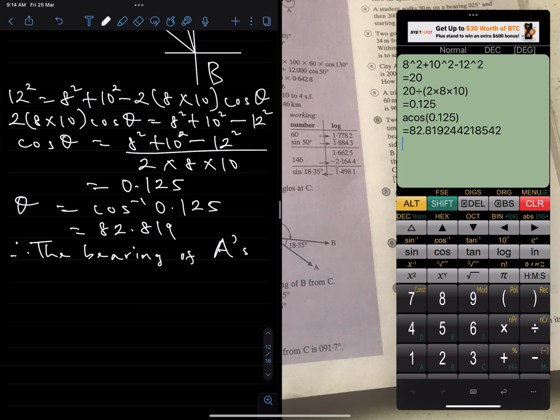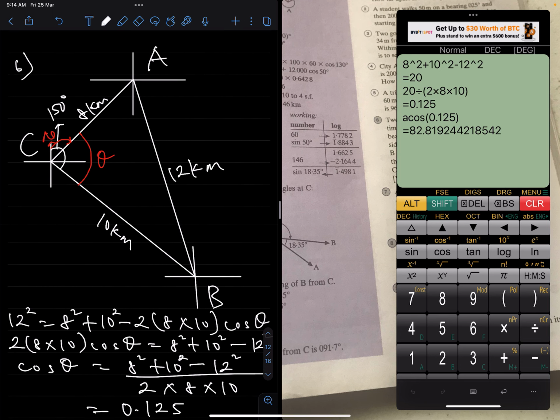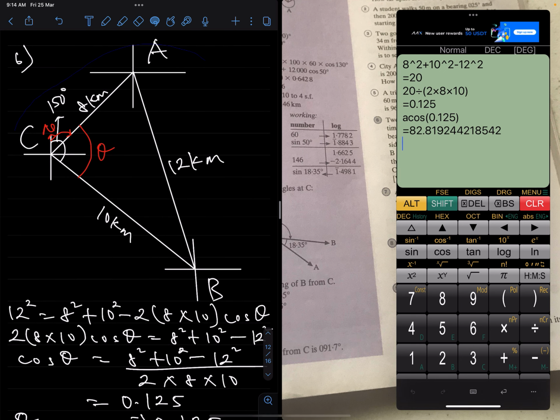So therefore, bearing of A's route from C equals 150 minus theta. Let me copy this diagram and paste it down so that you can see it as we solve it.